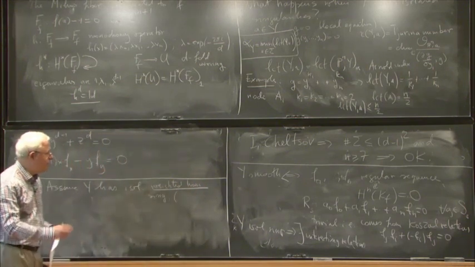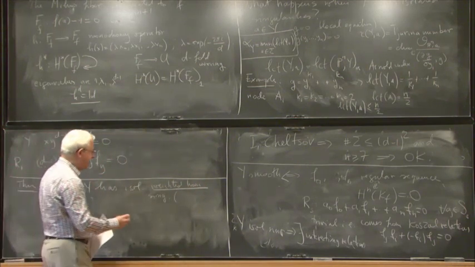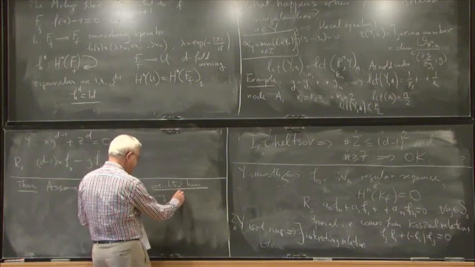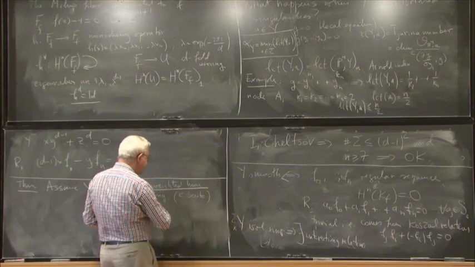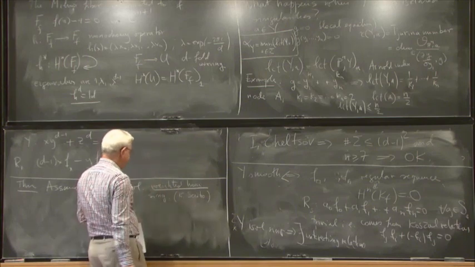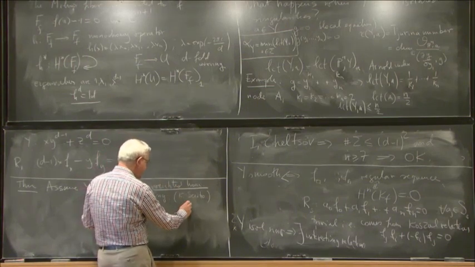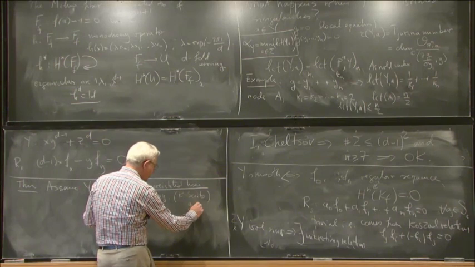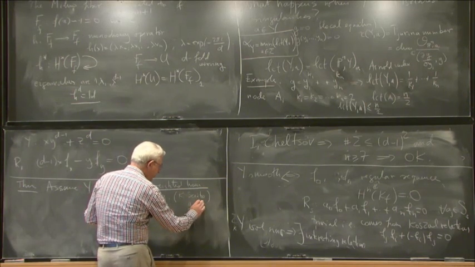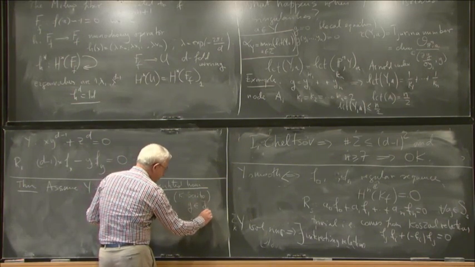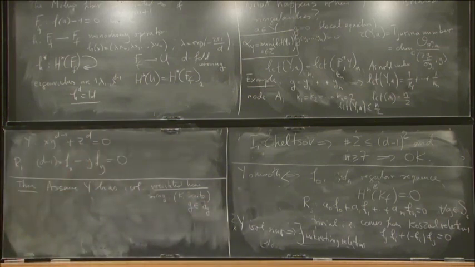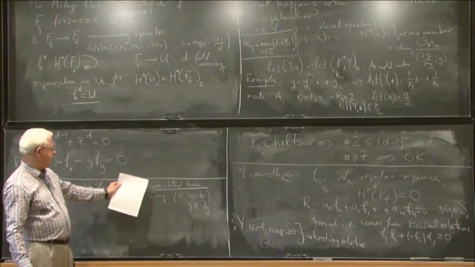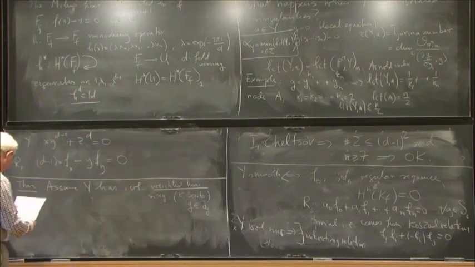Instead of writing a long definition, I will write a characterization given by Kyoji Saito, which says that an isolated hypersurface singularity is weighted homogeneous if and only if the local equation belongs to the Jacobian ideal spanned by the partial derivatives of g. And so we assume that Y has isolated weighted homogeneous singularities.